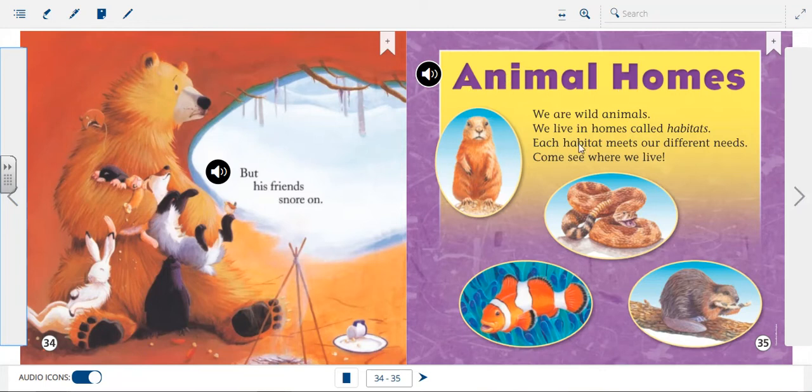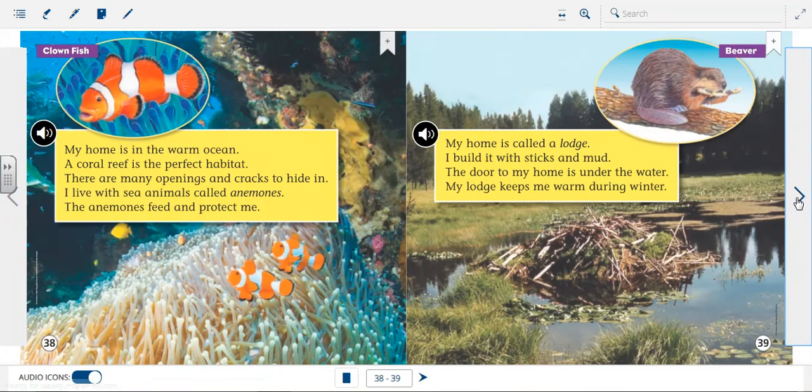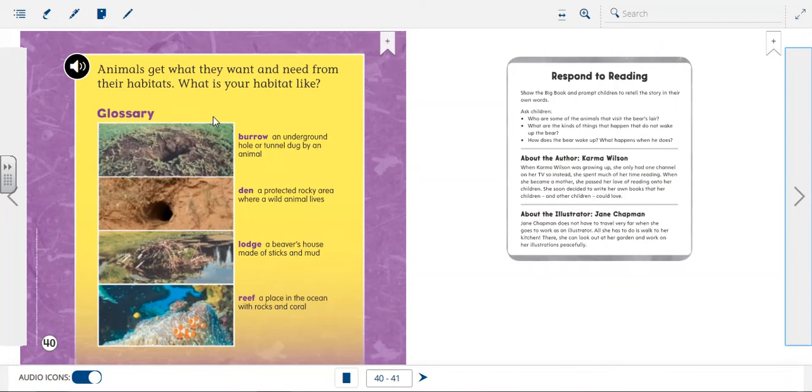Now, in this nonfiction story, we're going to focus on something called a glossary. A glossary is something that a lot of nonfiction stories have. The purpose of a glossary is to help you understand words that you might not know the meaning of.